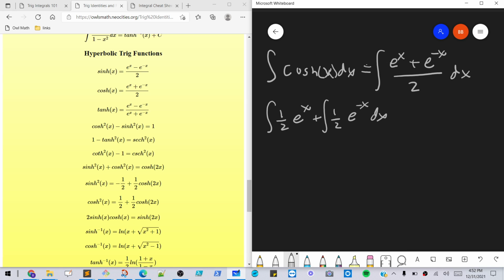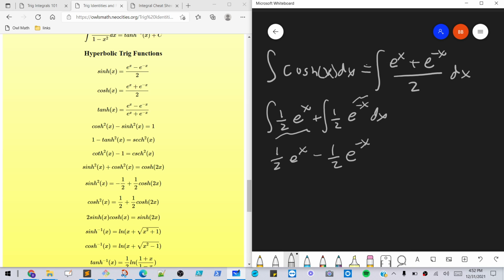And then the integral of e to the x is just e to the x. So this is super easy. And then here you can do a very quick u sub in your head, and if you do that, it's just going to bring out a minus sign. So you end up with minus half e to the negative x.